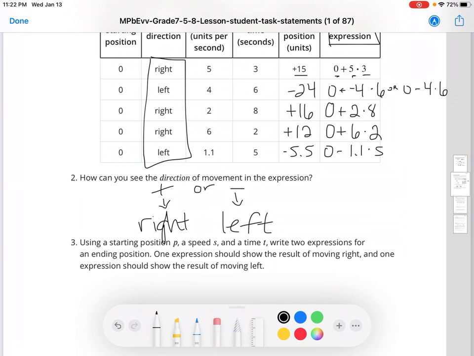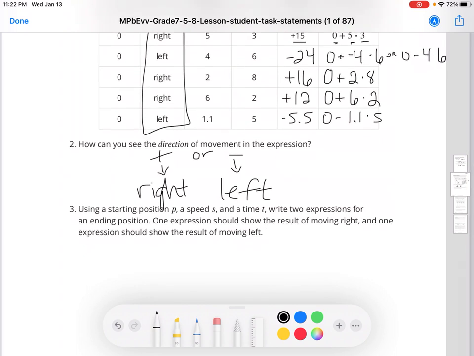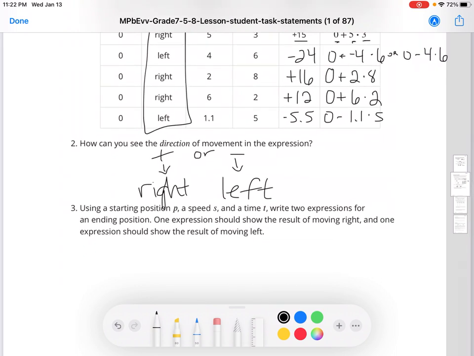Number 3, using a starting position as P, a speed S, and a time T, write 2 expressions for the ending position. One expression should show the result of moving right, and one should show the result of moving left. So when we moved to the right, we had our starting position, and we had to add that to our speed multiplied by our time.